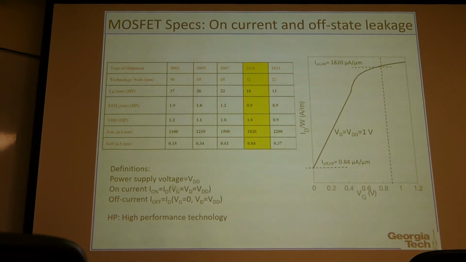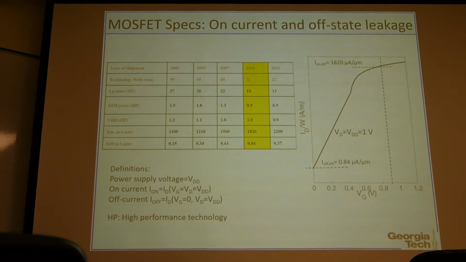If the power supply of your chip is VDD, that is the logic 1 level of your digital circuits. The on-state current, I-on, of the transistor is defined as the drain current when the gate voltage equals the drain voltage equals VDD. So both drain and gate voltage are maximized to VDD, the largest voltage on the chip.